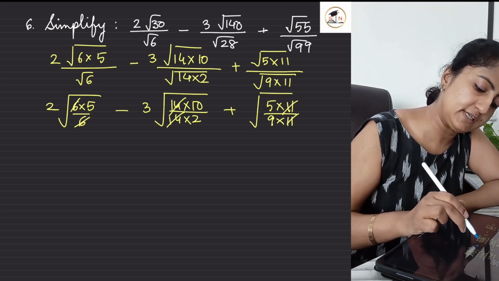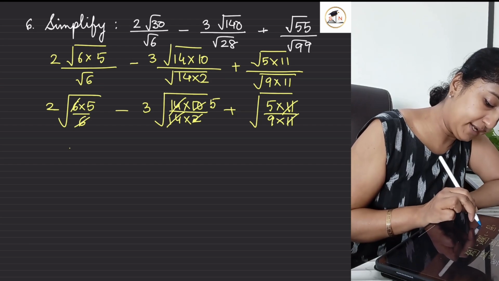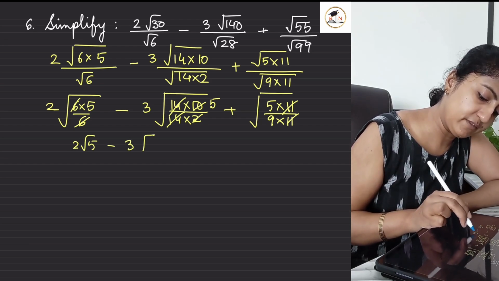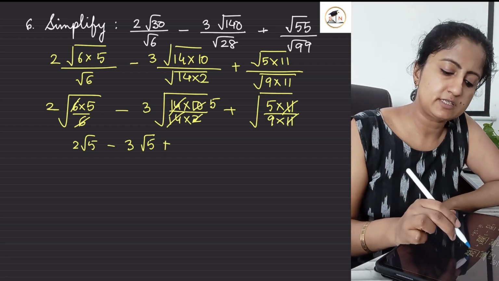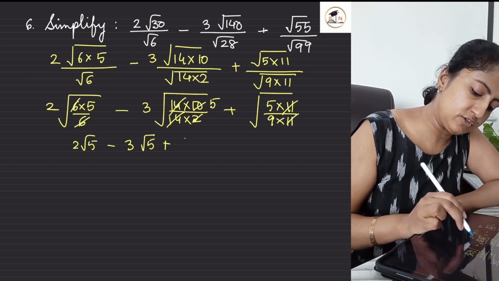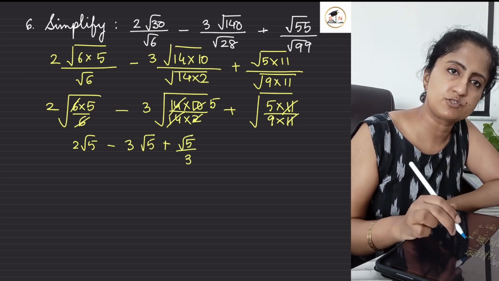And over here we can see that 2 and 10 also are reducing to 5. So now I'm getting 2 root 5 minus 3 root 5 plus the last term is root 5 over 9. So that is root 5, and for 9 I am writing 3 because it was root 9.